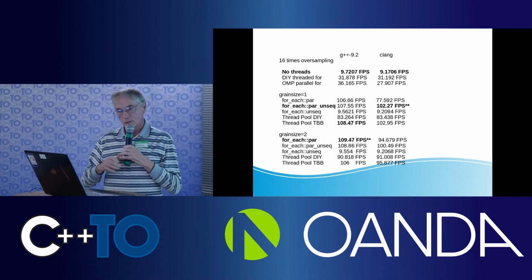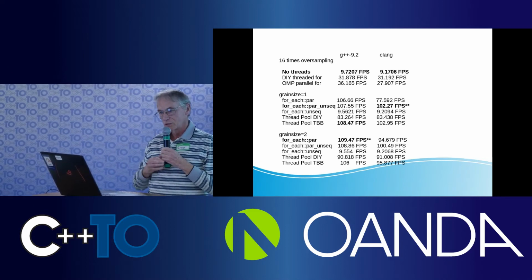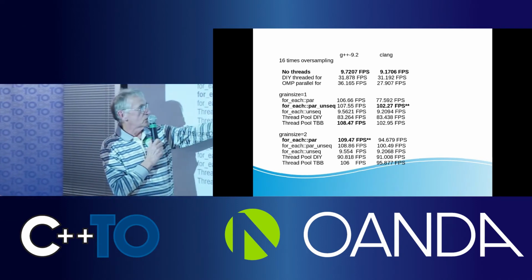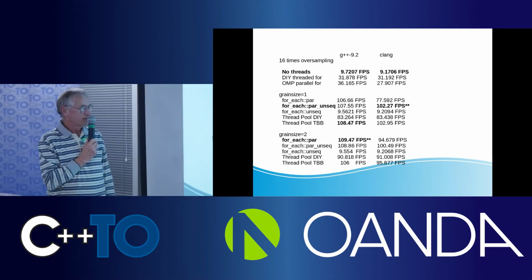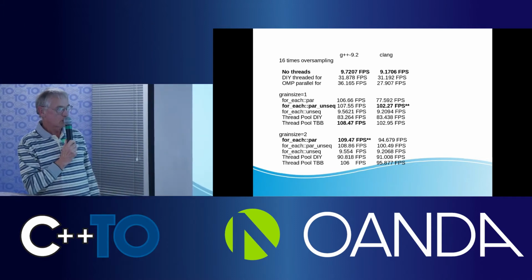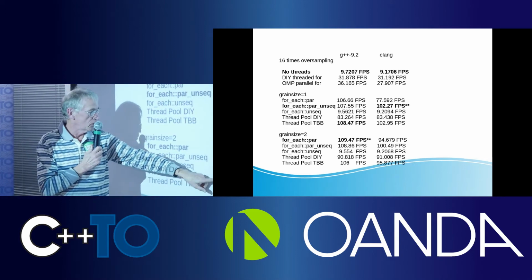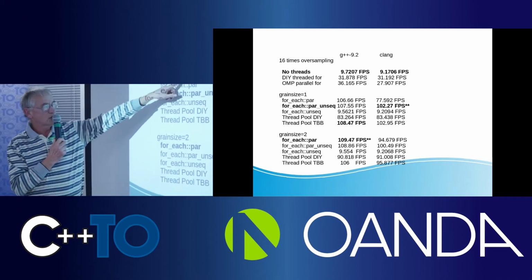And once you start using thread building blocks, you can see it starts to rocket, and our basic do-it-yourself thread pool is comparable. It's not as fast as the thread building blocks, and you can see this is a grain size of 1.